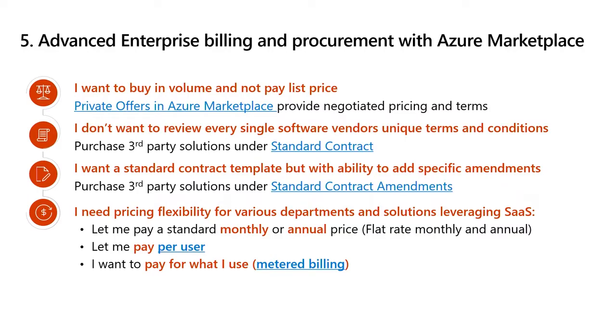Finally, on the pricing side with SaaS, we've had flat monthly, so I want to pay for an offering per month at a standard rate, or I want to pay per year. We've had that for a while. The other one that we launched earlier this year is the idea to pay per seat or per user. It's a very, very common scenario. And then we launched in July an idea around metered billing.